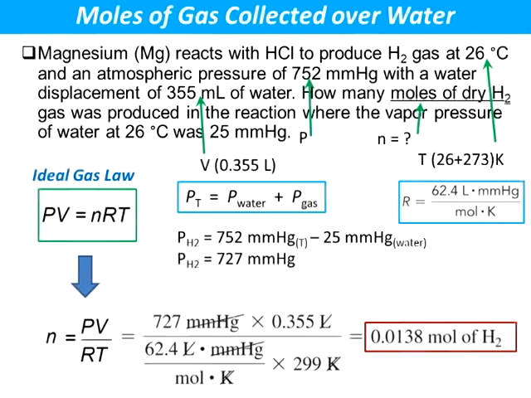So we have 727 millimeters of mercury times the volume, and we divide it by R, the universal gas constant, in this case with millimeters of mercury, and we also multiply that times the converted temperature from C to K of 299, and we obtain 0.0138 moles of hydrogen gas.